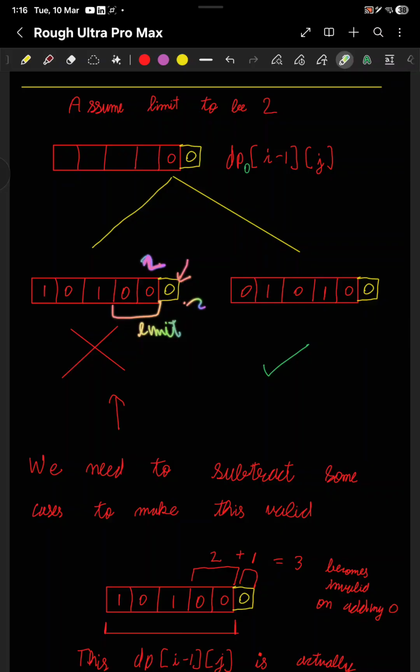So these are not valid subcases. But if we have less than limit ending zeros, we could append 0 to it, and these would be valid subcases.